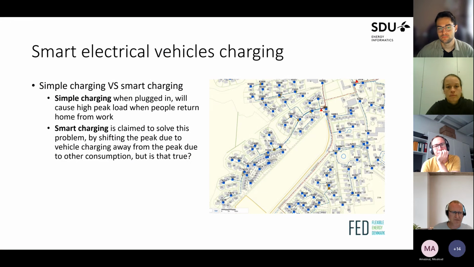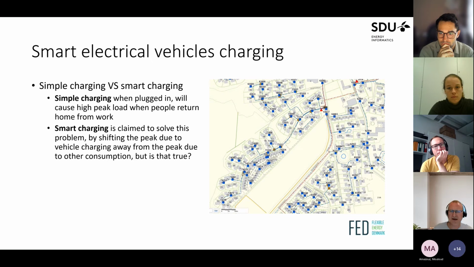What we are doing is we make a digital twin of the distribution grid in a neighborhood. That means we make a digital twin of the low voltage part of the distribution grid, meaning that we are working with typically something between 100 and 200 households under the low voltage transformer.